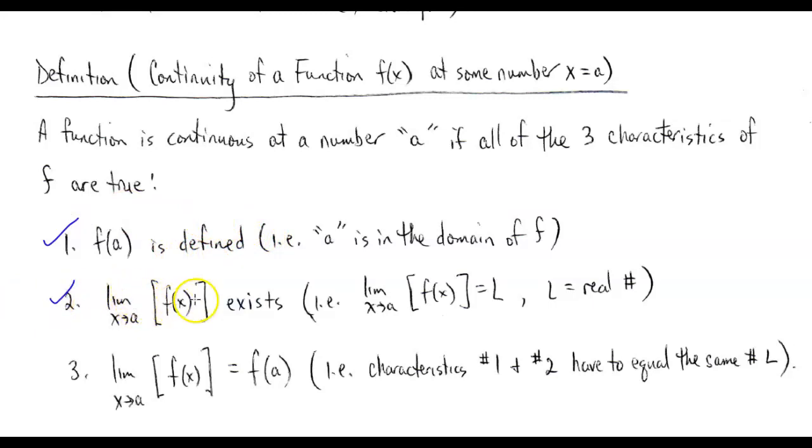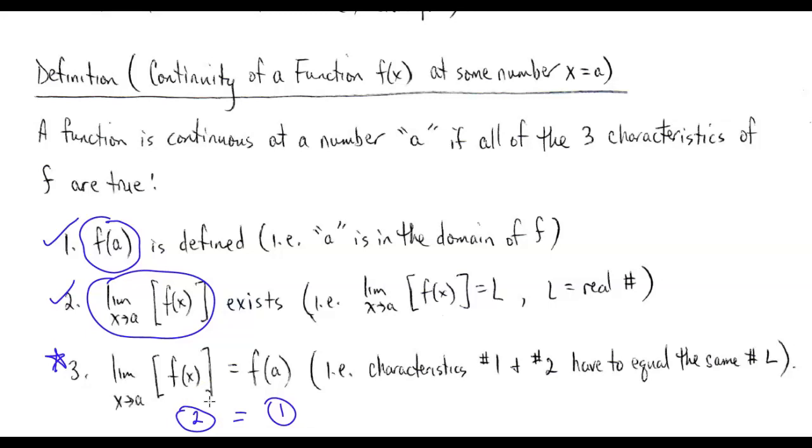The limit is going to equal some real number, meaning that the limit has to exist. And the third thing is that the real number we get from the function value and the real number we get when we evaluate the limit have to be equal to each other. Put another way, criterion number one's result has to equal criterion number two's result.